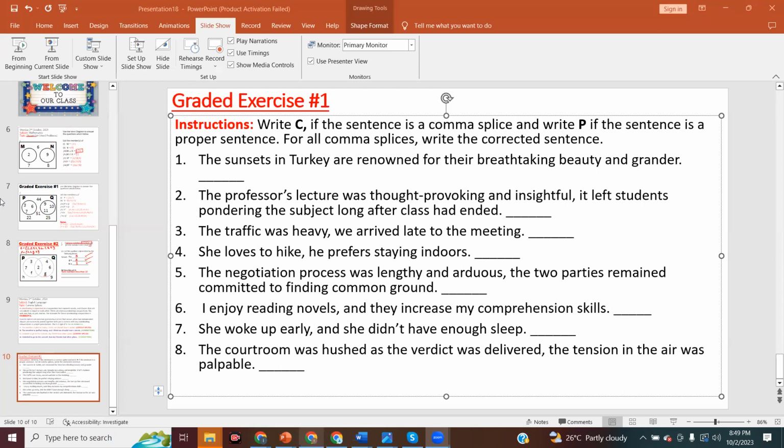Shadney, what number you on? I'm sending in my work right now. Sabria, what number you on? I'm on number 5. Okay. Tyra, what number you on? Number 6.